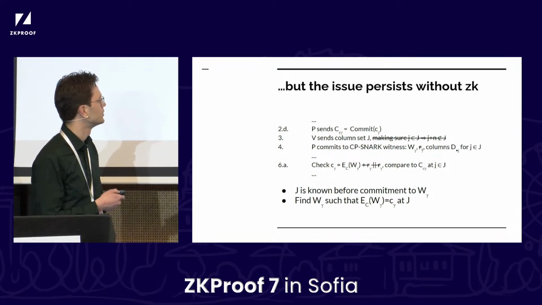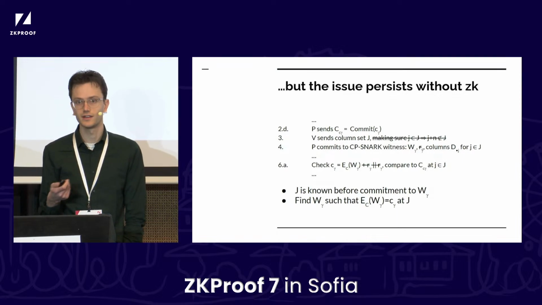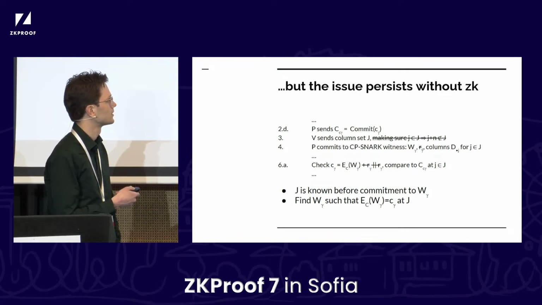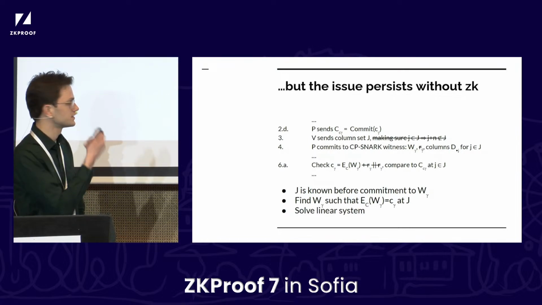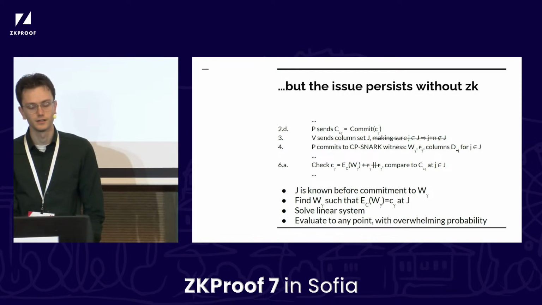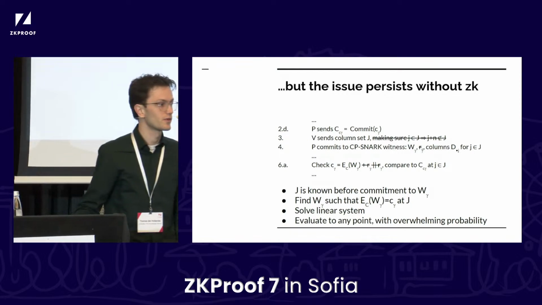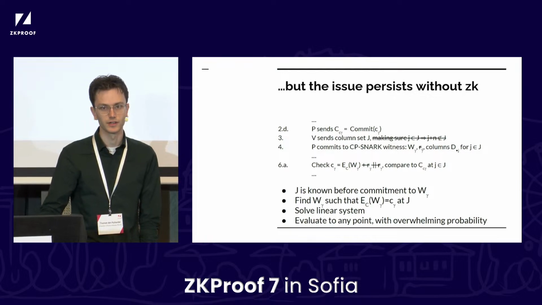So it's an encoding of W gamma, and it should be equal to the commitment at columns J. And the columns J are known by the prover at the point where they can still choose this W gamma. So it's solving a linear system, and it turns out that this system has a solution, except with negligible probability. So it's basically always the prover can cheat.